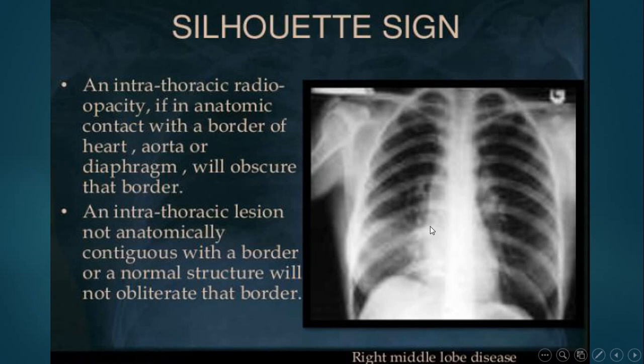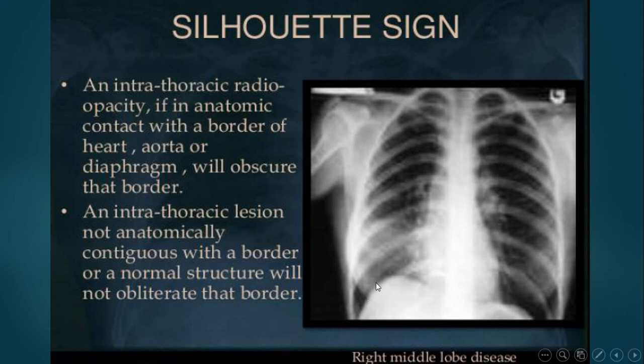So this indicates that this opacity is in contact with the right heart border, not with the diaphragm. So this is a consolidation of what? Anterior, middle lobe. Middle lobe. Right?